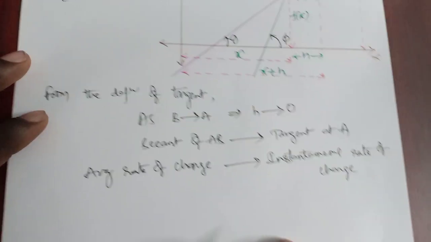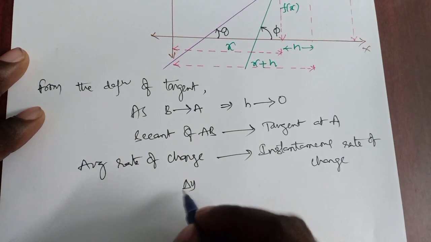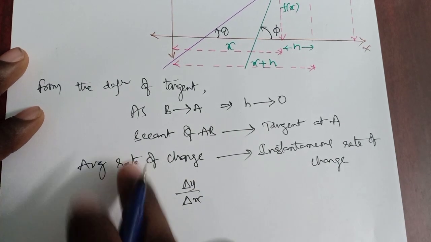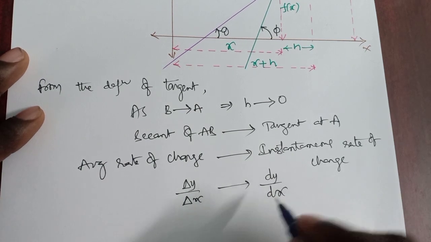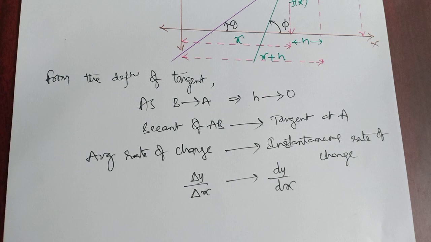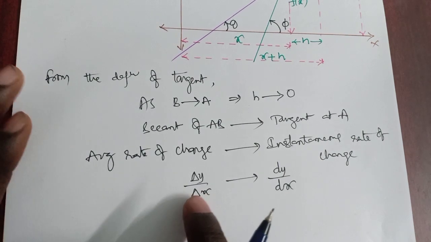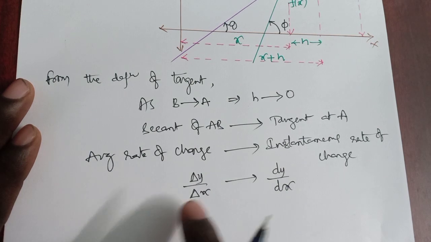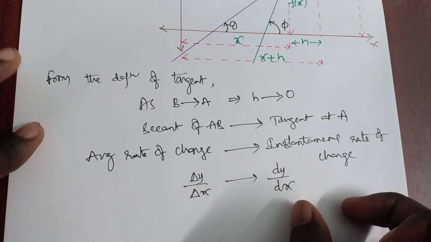In y coordinates, okay, which means delta y by delta x is the average rate of change and the instantaneous rate of change is dy by dx, clearly. And the limiting position of this secant is equal to the tangent. When I take the limit, it converts to a tangent.